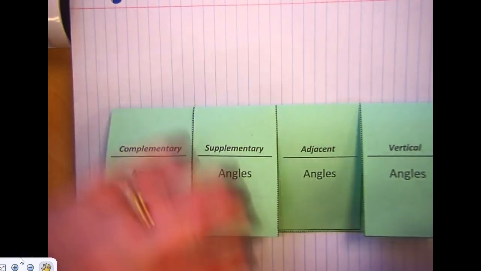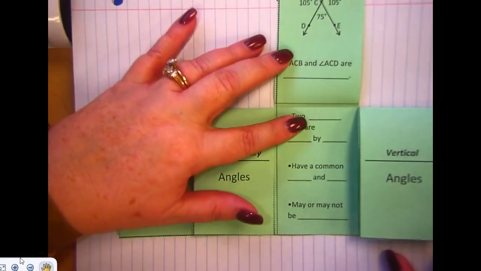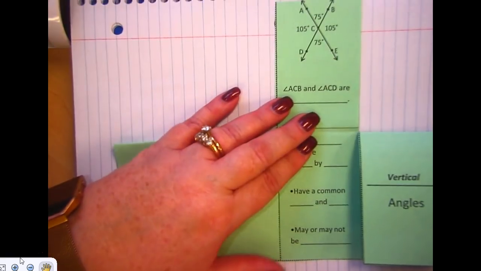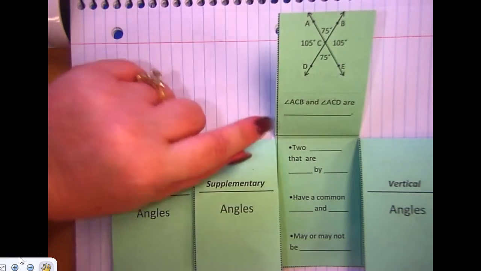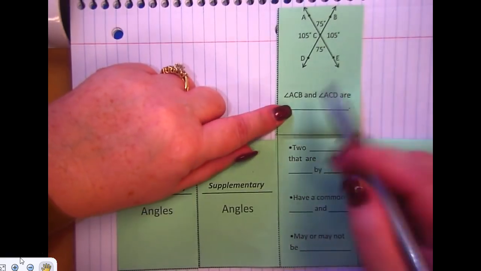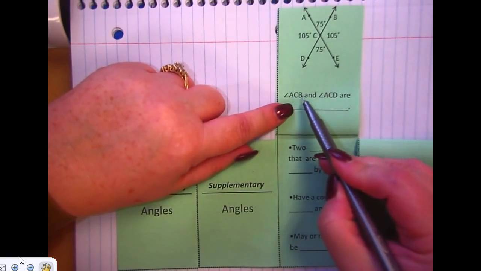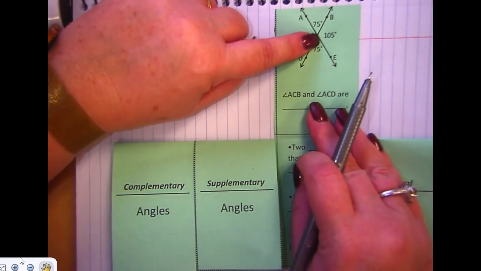Look right here under the flap for adjacent angles. Let's take a look. What do we remember about adjacent angles? Well, adjacent angles are next to each other. So take a look here. This says angle ACB. So start at the A, angle ACB.